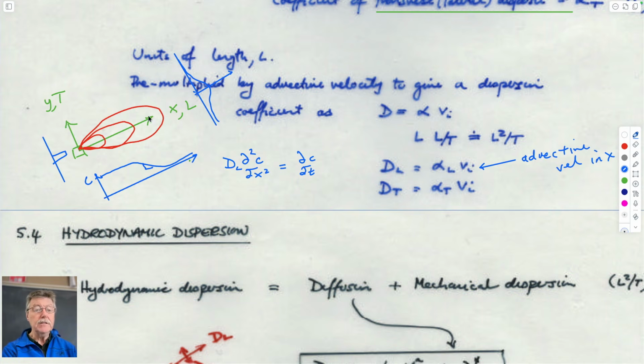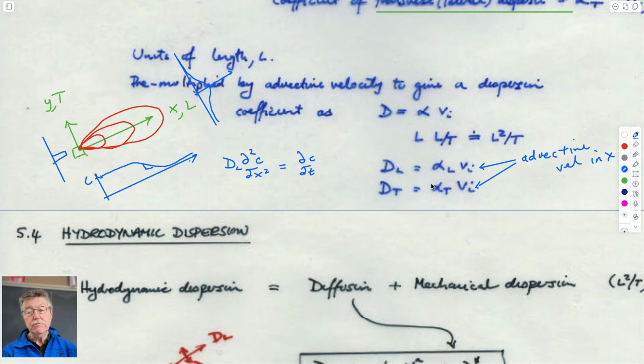If this is flowing in this direction, this is a velocity. Orthogonal to that, the velocity has to be zero. So the velocity in y is zero, so we can't use that. So this has to be the maximum velocity in x for both of them. I guess that's important to realize.